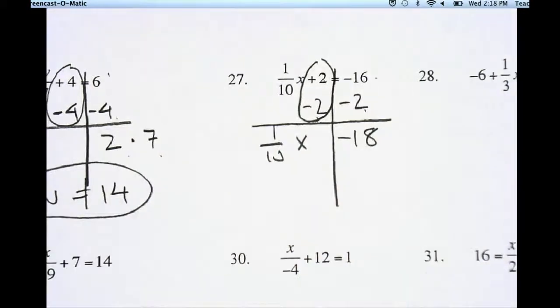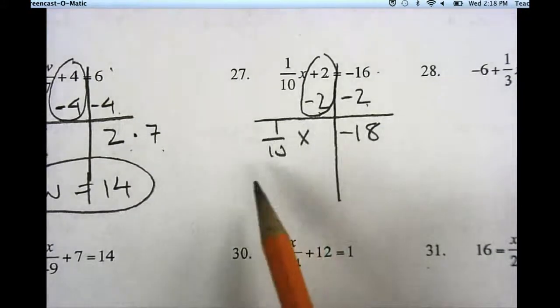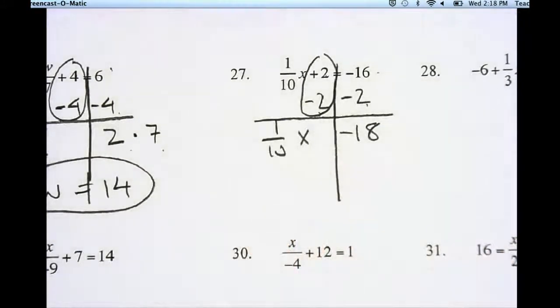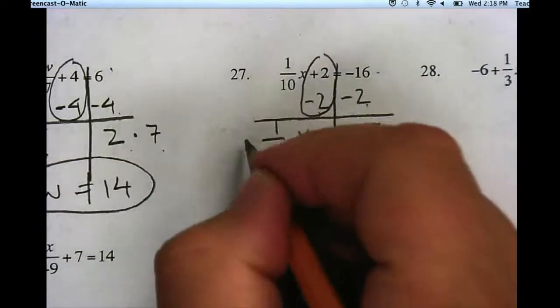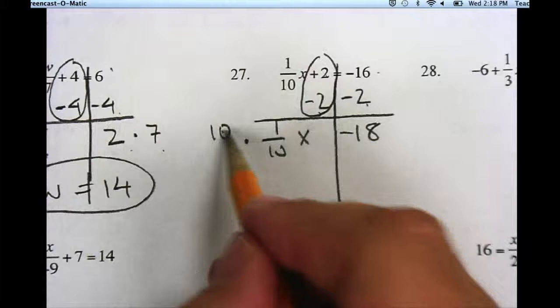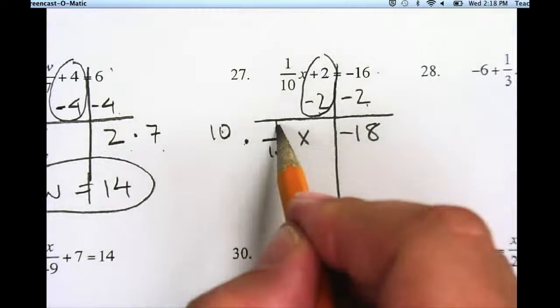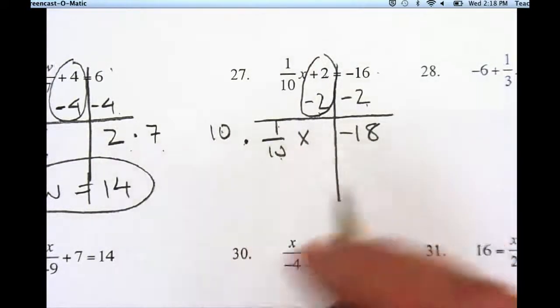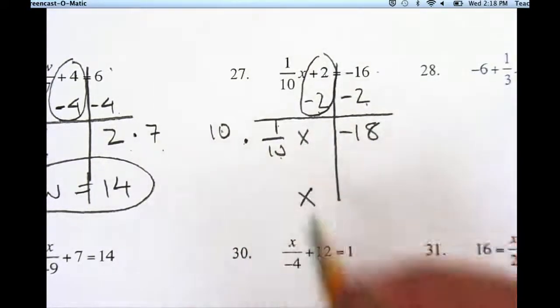Now, I want to have just 1x, not 1/10 x. Well, what do I have to multiply 1/10 by to make 1? If I multiply 1/10 by 10, I get 1 because 10 times 1 is 10, divided by 10 is 1. So I end up getting just x over here.